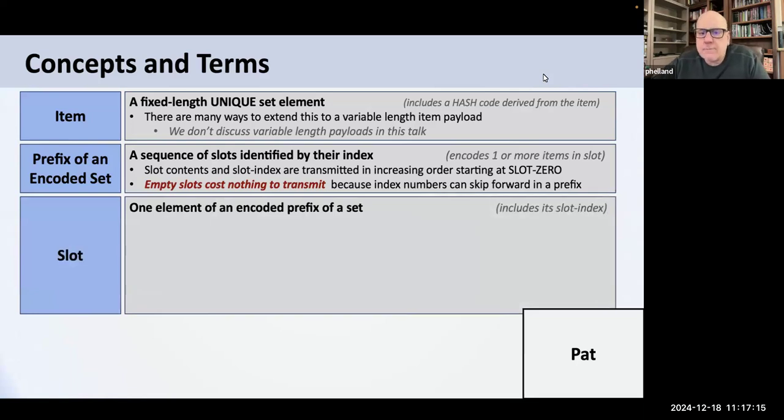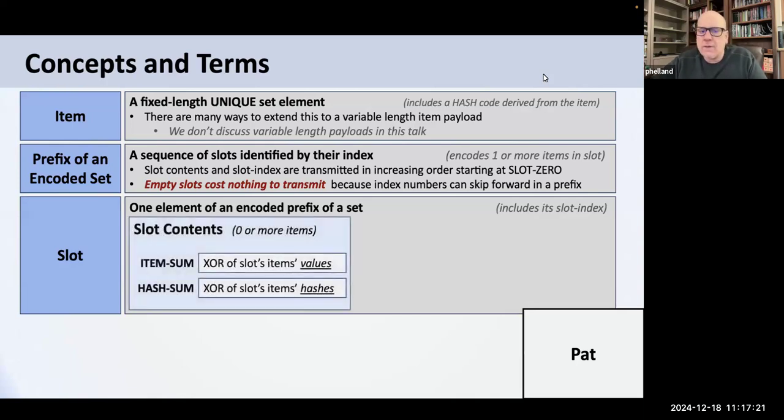What is in a slot? It's an element of an encoded prefix of a set, including its index. For the contents of a slot with 0 or more items, you take each of the items that has landed in the slot and you XOR them together. Remember, they're fixed length. They could be 100 bytes, 1,000 bytes, or 100,000 bytes.